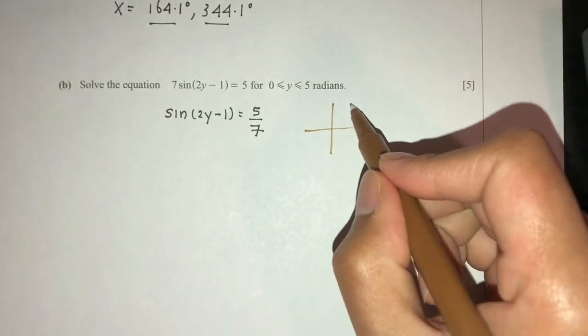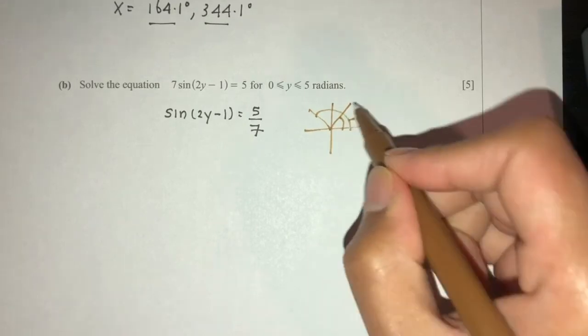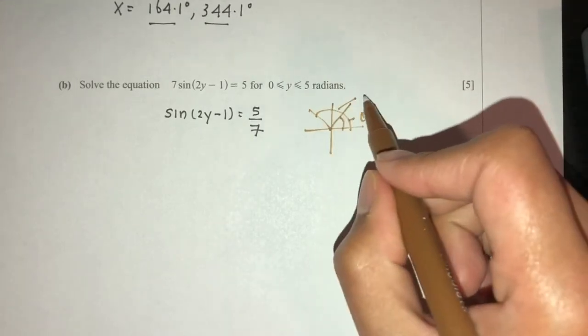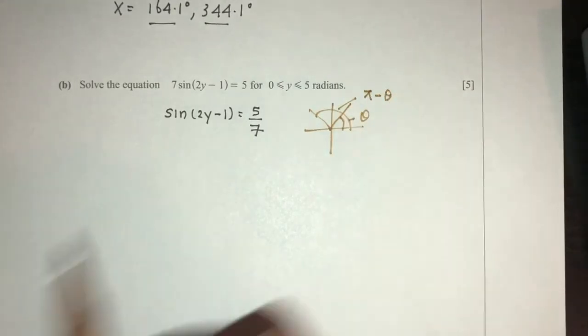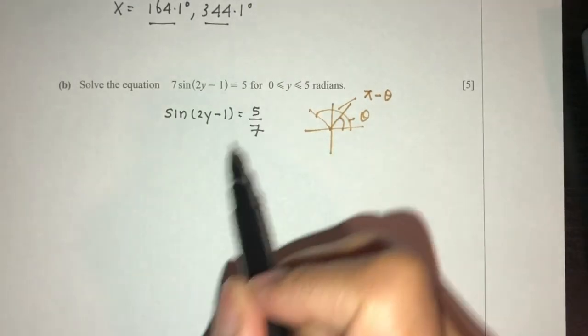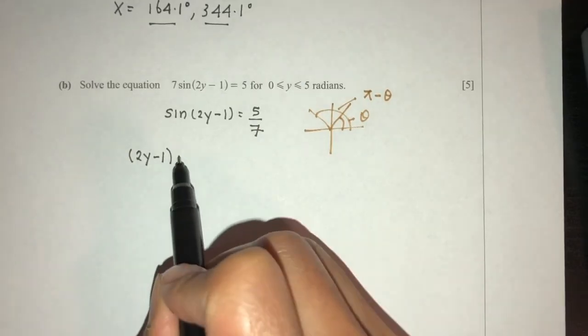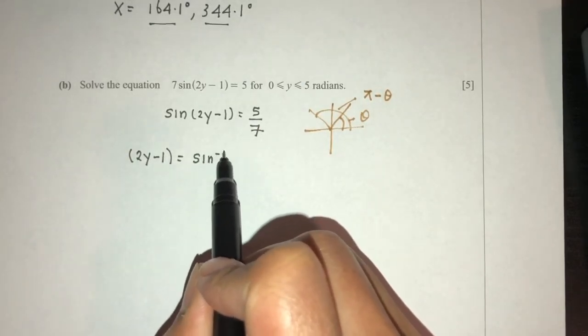If it is positive, it will be in your first quadrant and in your second quadrant. This is radians, so we have to use pi minus theta. Because the value here is positive already, we can just evaluate directly. We don't need to use the method in part A.